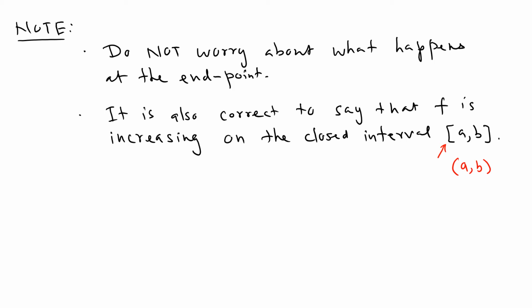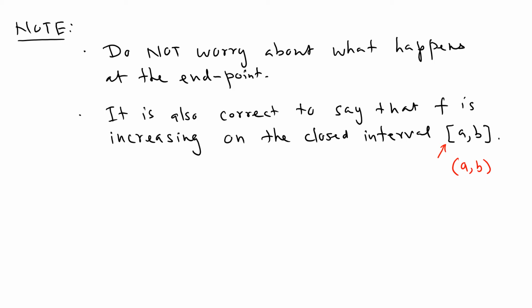But we are not going to write this one because it can create problems, because there's a relation between this and what they call the derivative, or the slope of the tangent line. Sometimes at those endpoints the slope becomes 0, so there's no increase, and that can create a confusion.